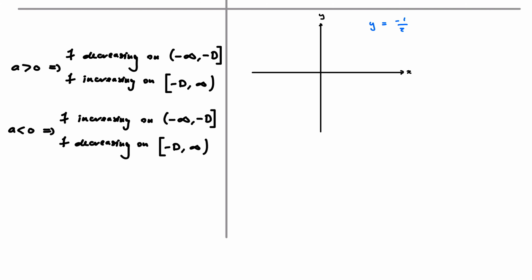So minus a half times (x plus 1) squared plus 2. In this case, the vertex is at minus 1, 2. So we've got minus 1 here, and it's kind of 2 up here. And it's upside down because of the fact it's a negative. So this is kind of the top. Is that right? Something like this.